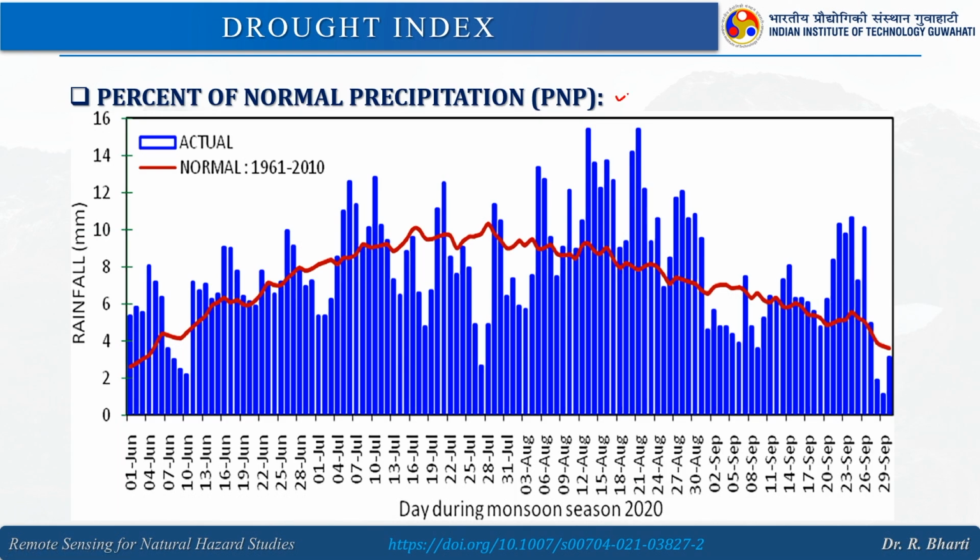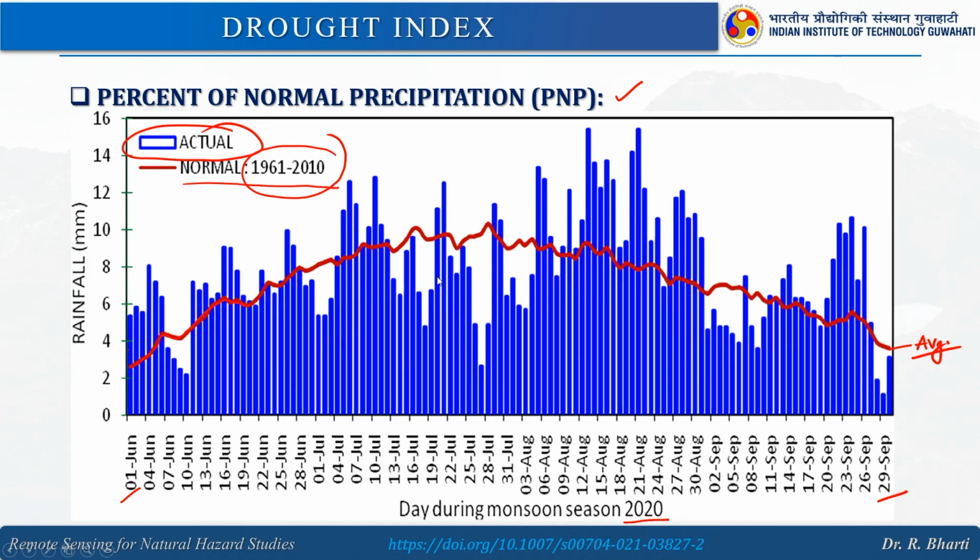Here you can see this is for the PNP, and the red one is basically your normal, identified using the 1961 to 2010 precipitation data. For the time being you can consider this as average precipitation. Now you see the actual precipitation of this area between 1st June and 29th September of 2020 and how it is behaving, how it is changing.